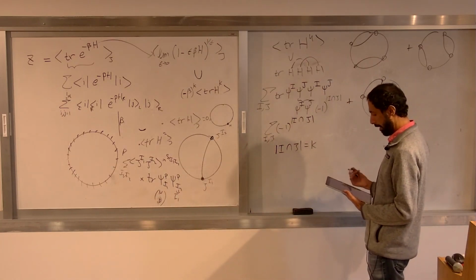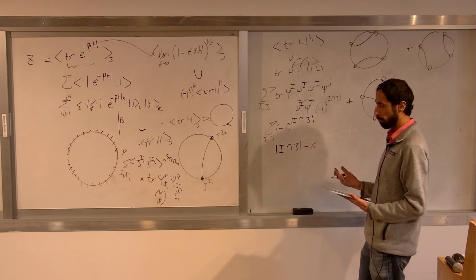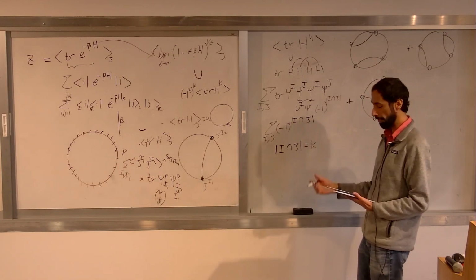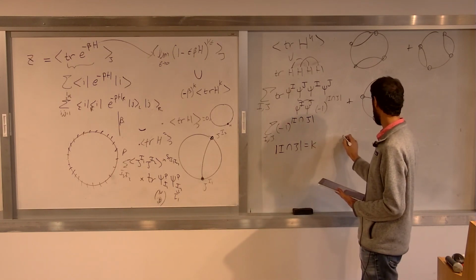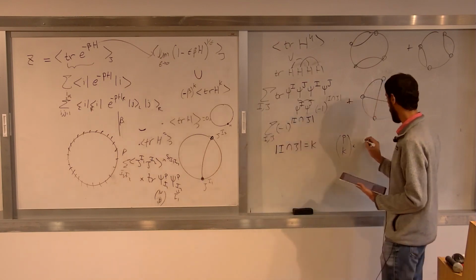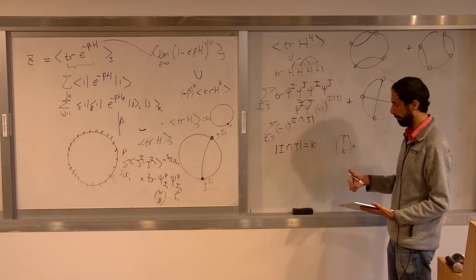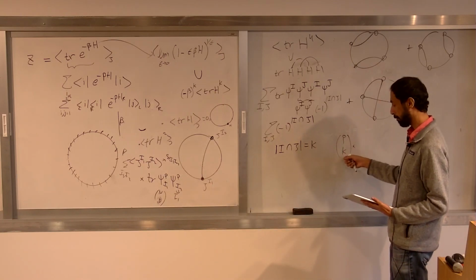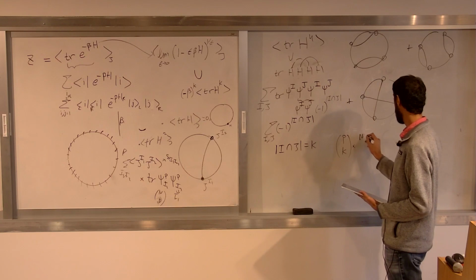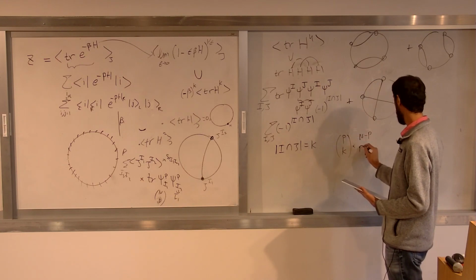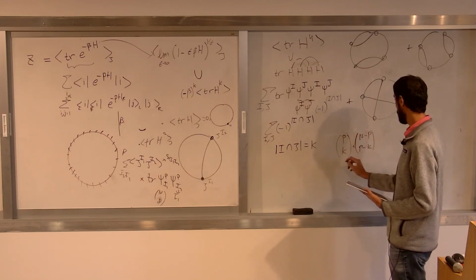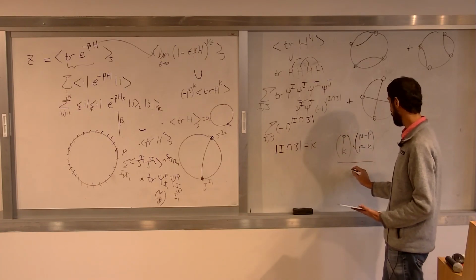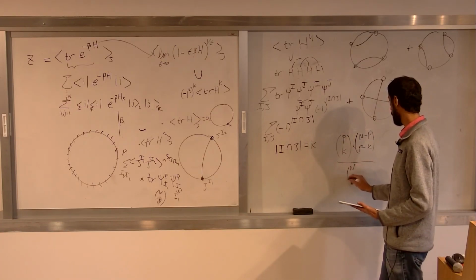Then what is the probability that they share k fermions? Well, you choose k from the p fermions, and you multiply by the combinatorics of the remaining fermions not containing those k fermions. So that's n minus p choose p minus k, divided by all possible combinations of fermions.